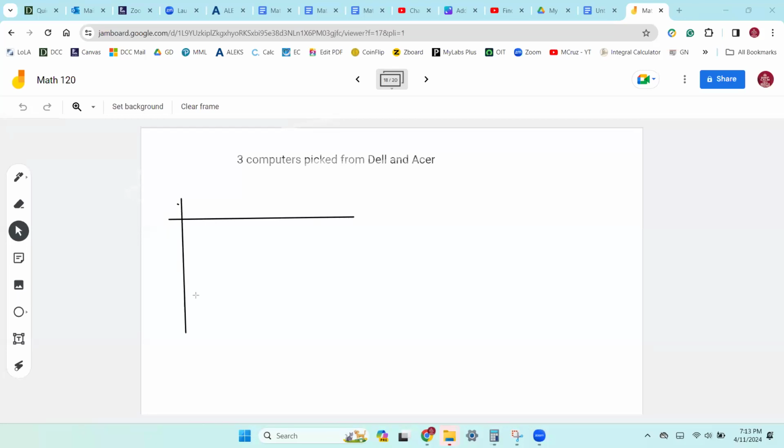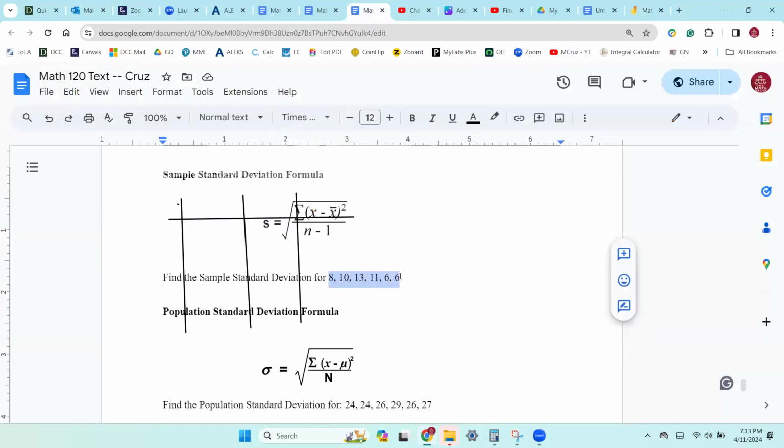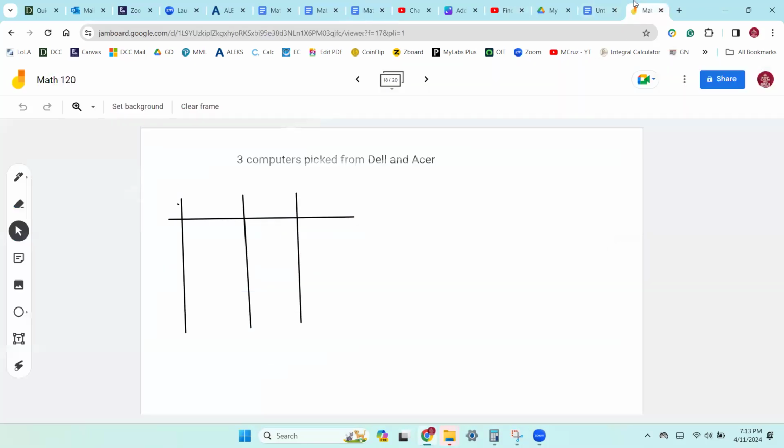If you like it, understand it, all the better to you. All right. So our data set was what? So we're finding the sample standard deviation.